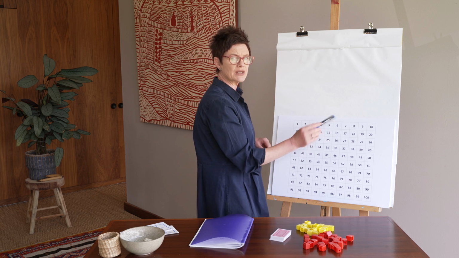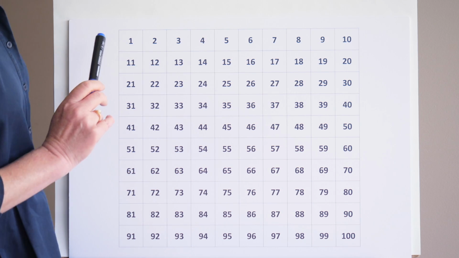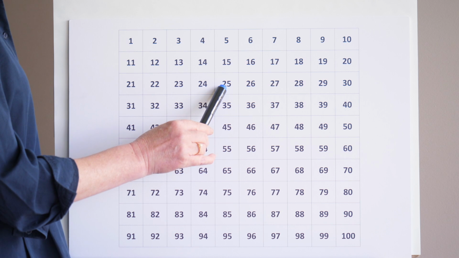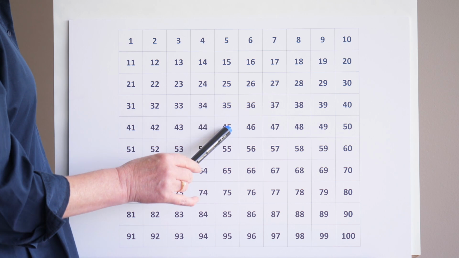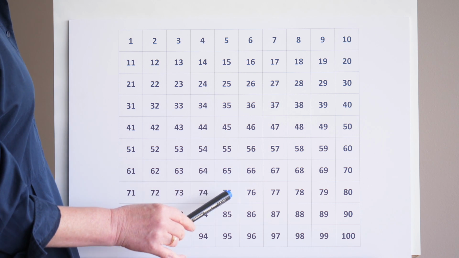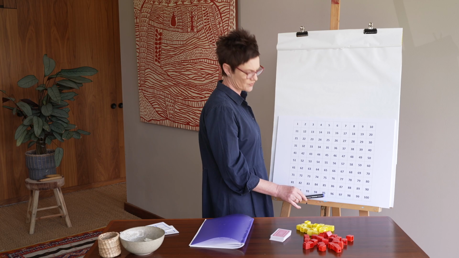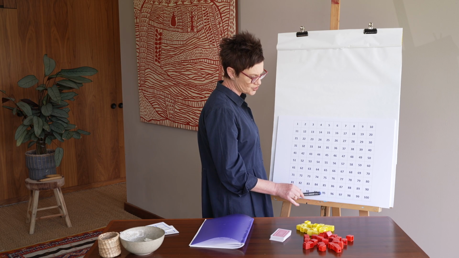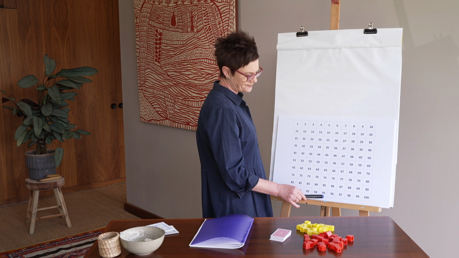So let's find one just here, 25. Nice benchmark number. 25. Let's count in tens from 25. 25, 35, 45, 55, 65, 75, 85, 95. Great, we've got to just before the end of the hundreds, 95.